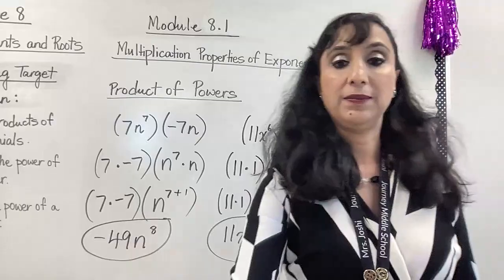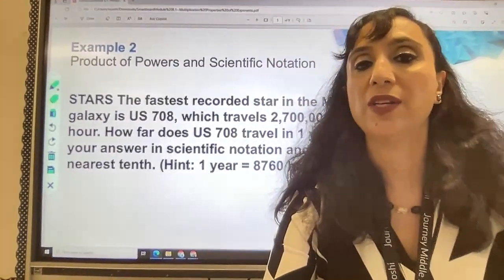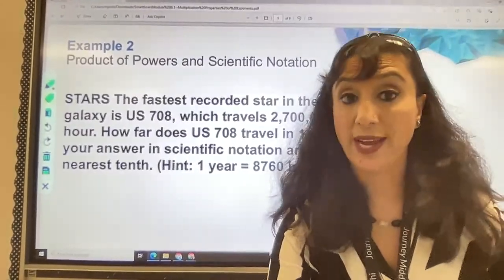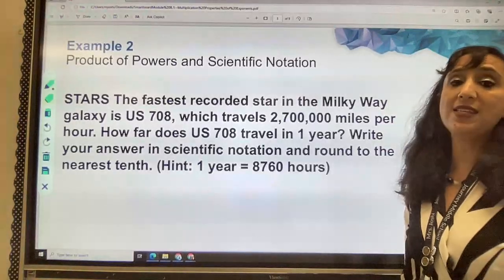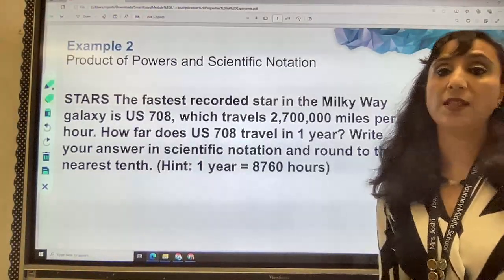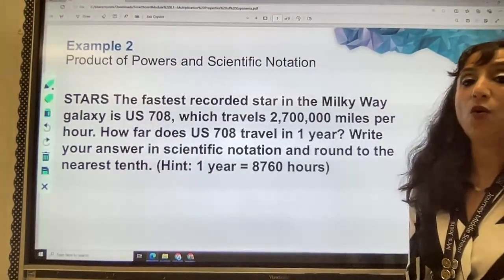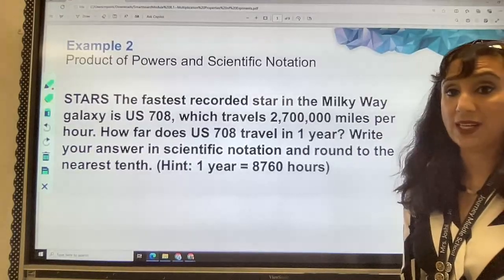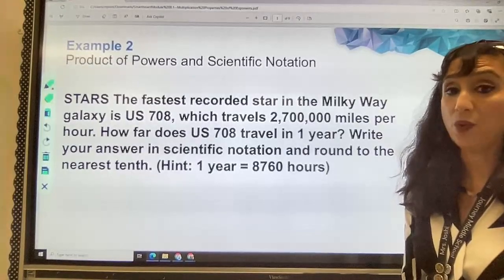Okay? So here is a word problem. It's talking about product of powers and scientific notation now. So, stars. The fastest recorded star in the Milky Way galaxy is US 708, which travels at 2,700,000 miles per hour.